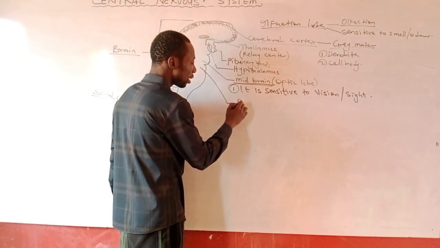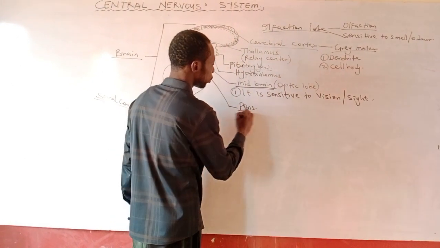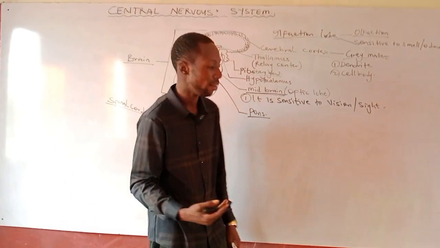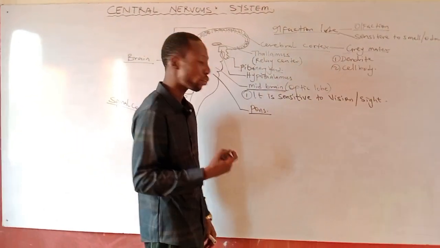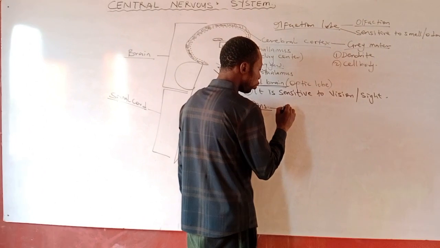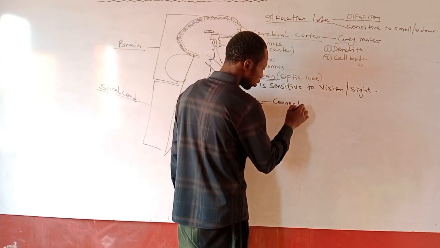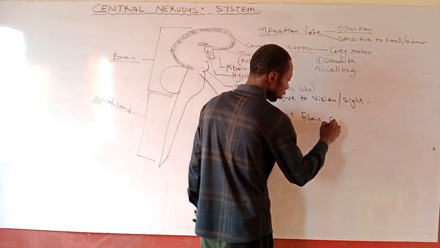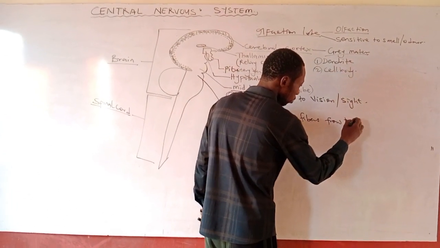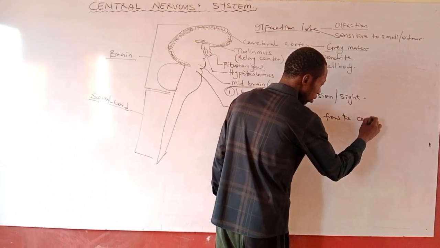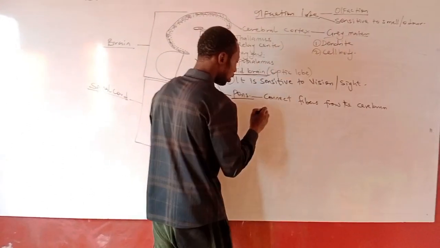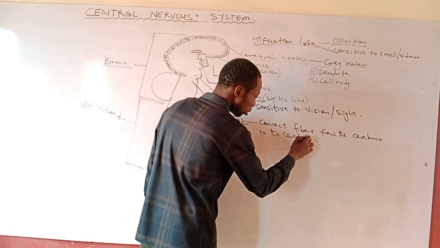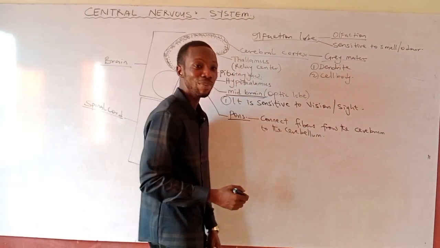The next we're going to look at now is the pons. Some people pronounce this as pons varolii. What is the function of the pons? The pons connects fibers from the cerebrum to the cerebellum.